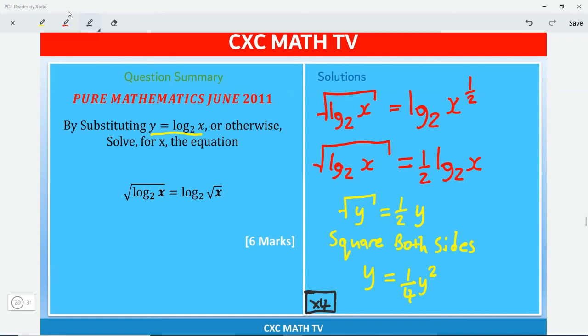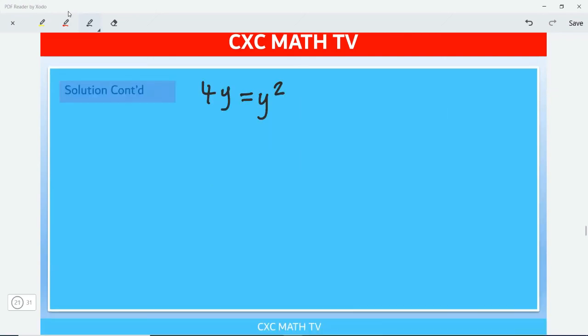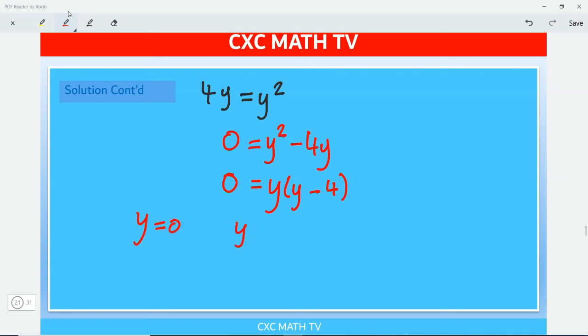Now we can bring everything to one side, bringing the 4y to the right side to have y squared minus 4y is 0. If this is 0, we can factor out y. And so we have y times y minus 4 is 0, so y equals 0 or y equals 4.